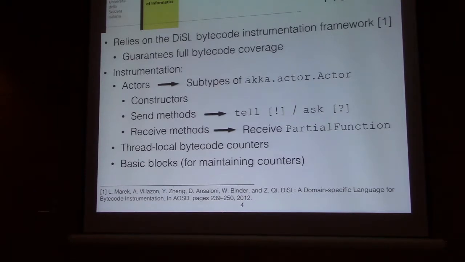The size is measured in terms of the number of bytecode instructions that compose the basic block. And in this way, at the end of each basic block, each counter is guaranteed to be up to date. And I think that here it is particularly clear why we need full bytecode coverage, because if the profiler cannot instrument every basic block, then some bytecodes would be missed for sure.